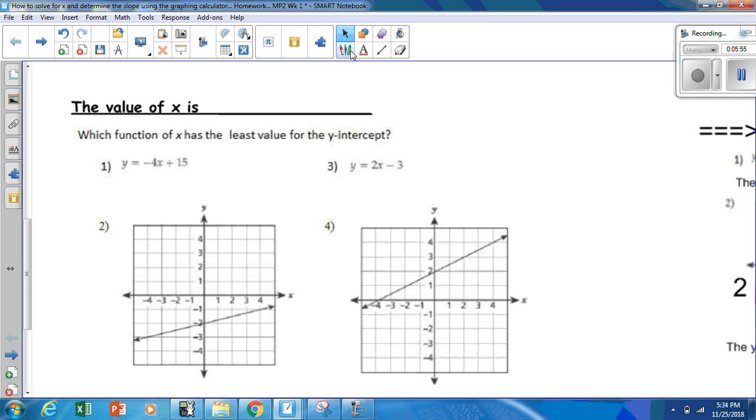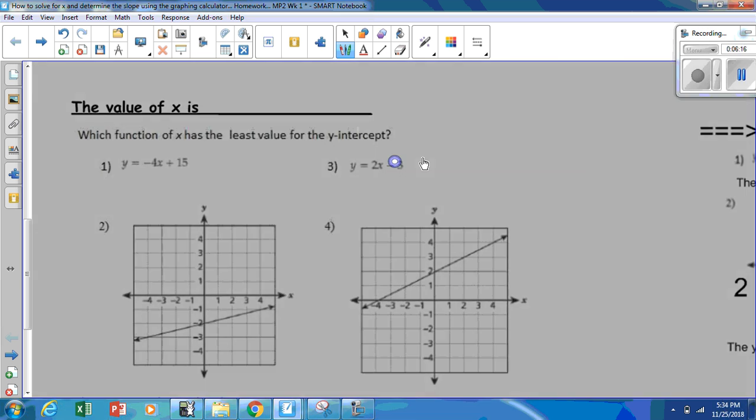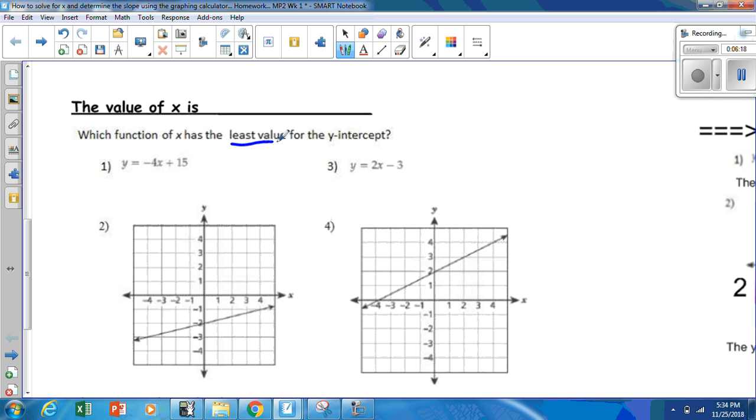Well, it's important that we don't confuse y-intercept with rate of change, right? Because rate of change is the number in front of the x. Y-intercept, however, is this initial value right here.